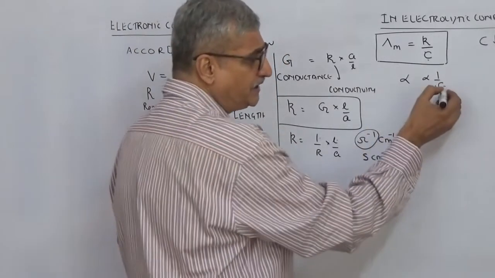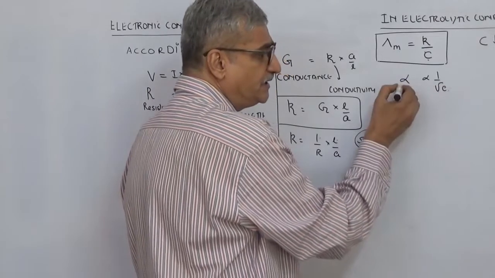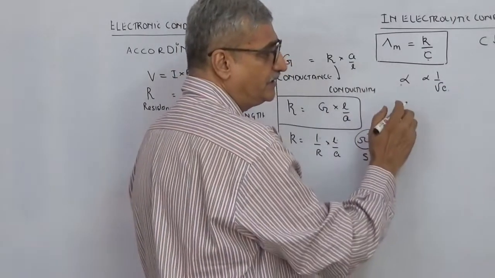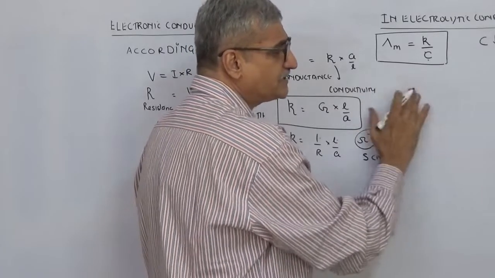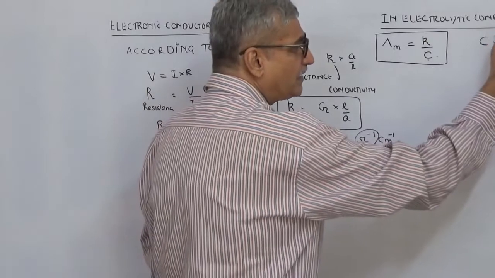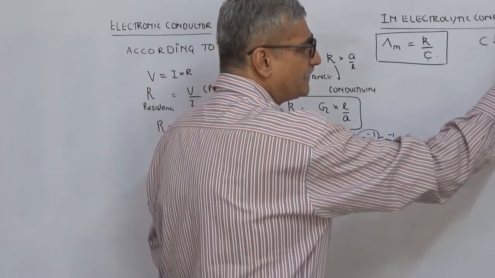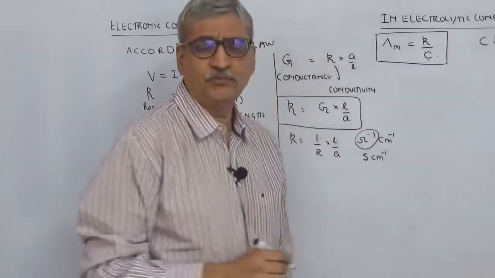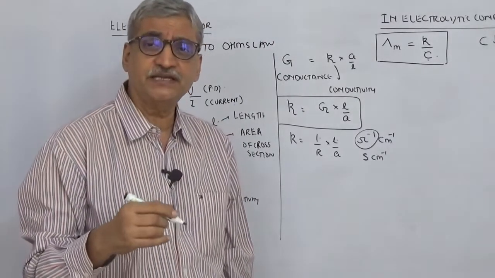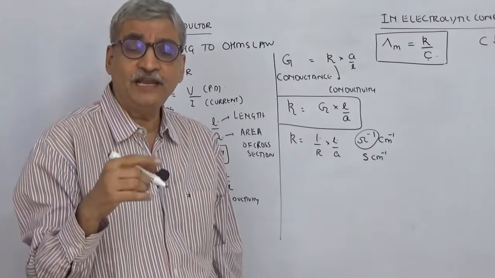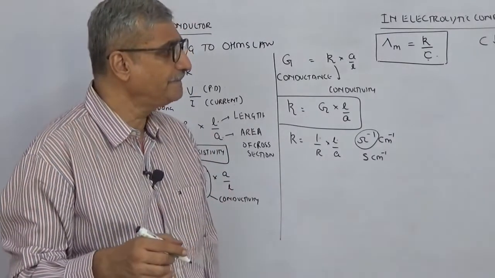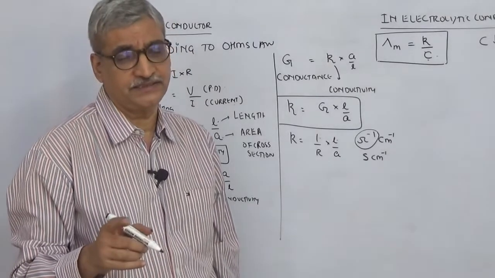So as concentration decreases, degree of dissociation increases. So that is the logic we are applying over here. We are saying that as concentration decreases, molar conductivity increases. Molar conductivity increases mainly because the dissociation increases, availability of ions increases, so automatically the molar conductance increases.